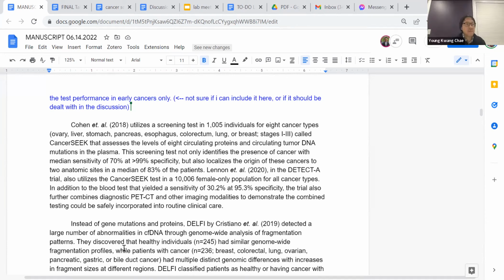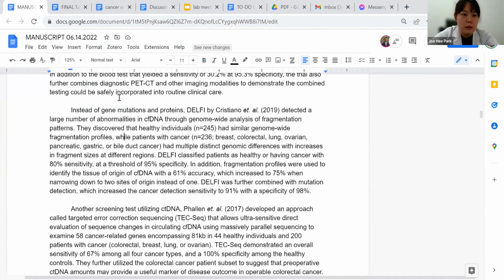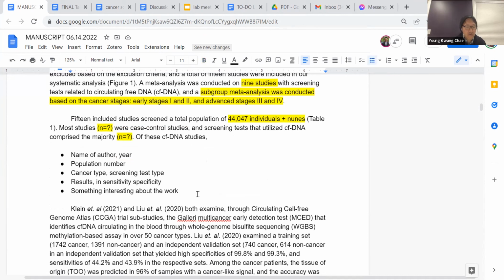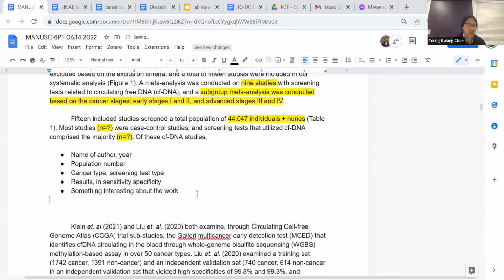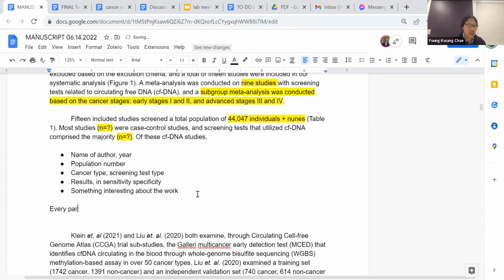This is my suggestion: for every paragraph, start with a simple idea. The first sentences have to be more abstract. It doesn't have to be detailed information. So you could say methylation, and then methylation of what?